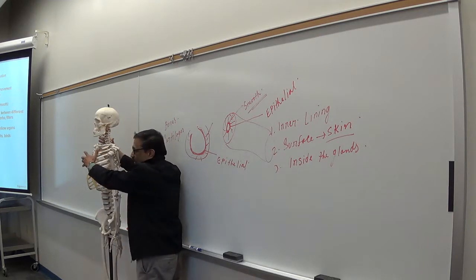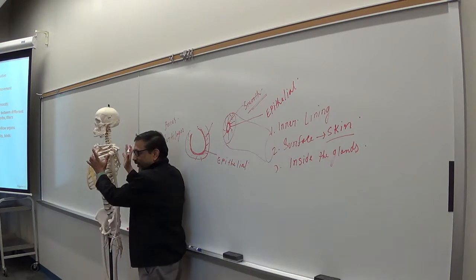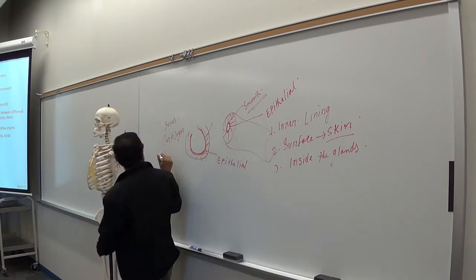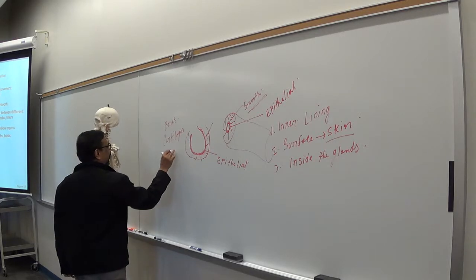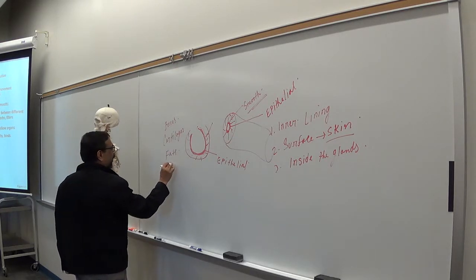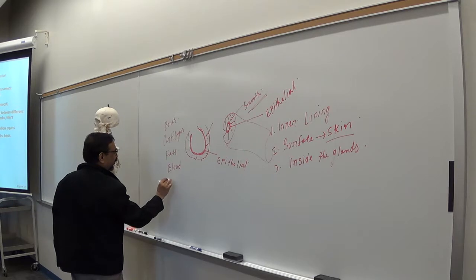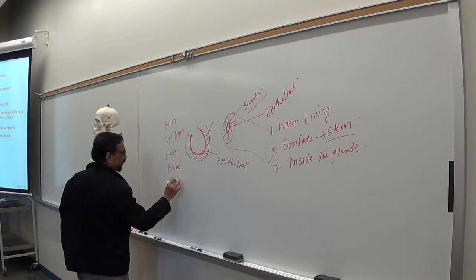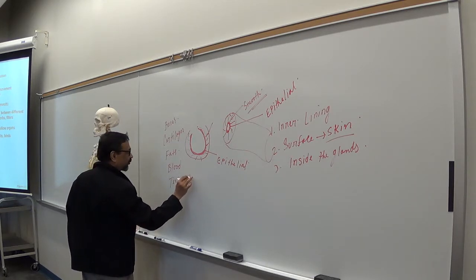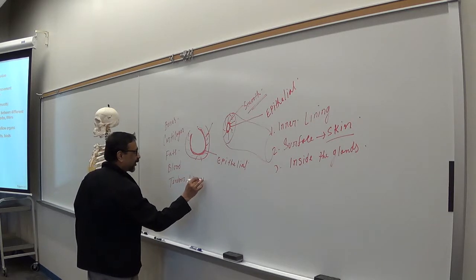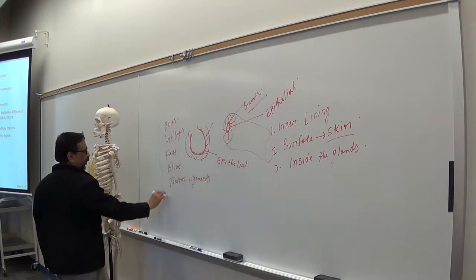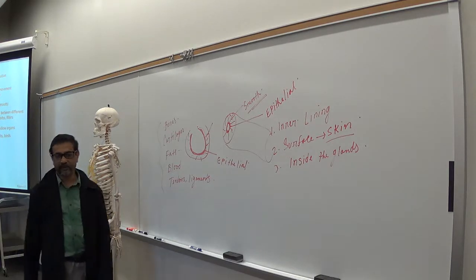So this whole structure is formed by connective tissue. Make sense? Bones, cartilages, fats are connective tissue. Blood is a connective tissue. Tendons, ligaments. So all these belong to connective tissue.